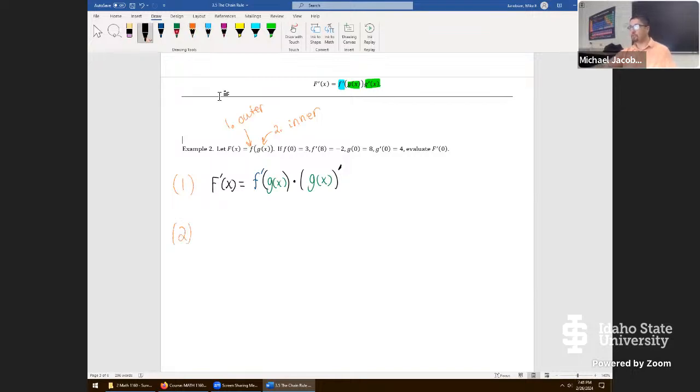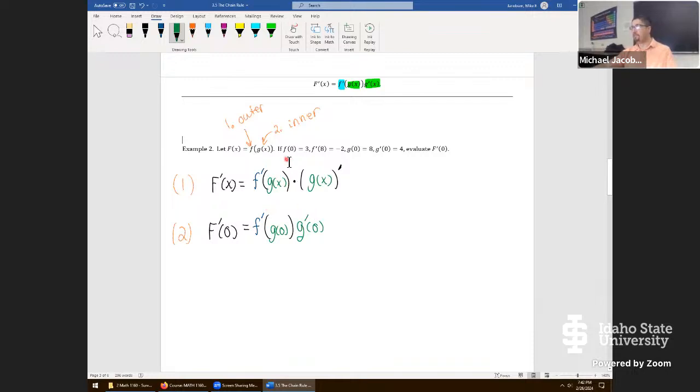Our second step is, once you have the derivative written out, now we can go to f prime at 0 and do it in a clean way. So f prime of 0 is going to be equal to, well, first it's going to be f prime of g at 0 to start. Then it will be multiplied by g prime at 0 at this location. Here I'll put the prime in the more normal location for this one.